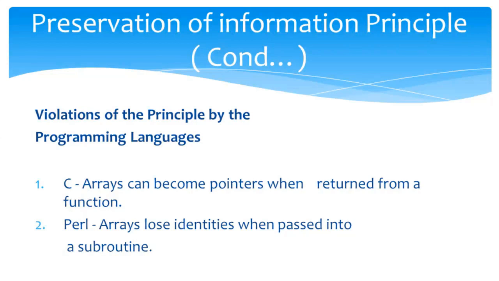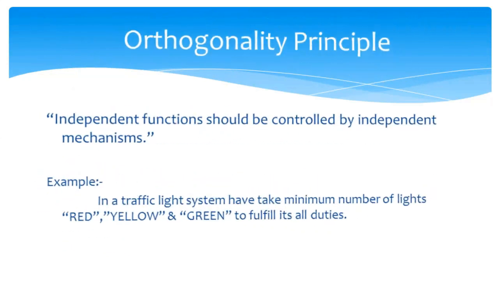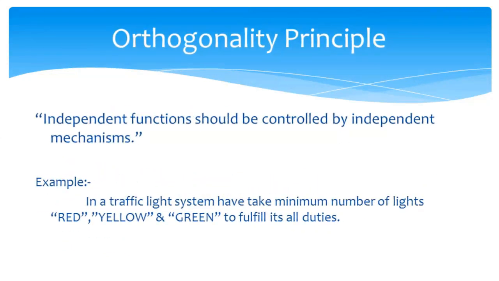Now we will move on to the next principle, the orthogonality principle. Independent functions should be controlled by independent mechanisms. In general, we can say, let all combinations of a small set of primitives be legal, because even a small set of primitives leads to a large number of combinations.